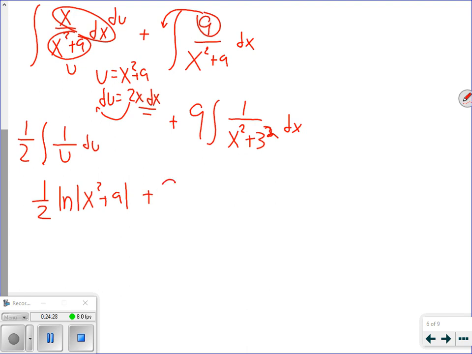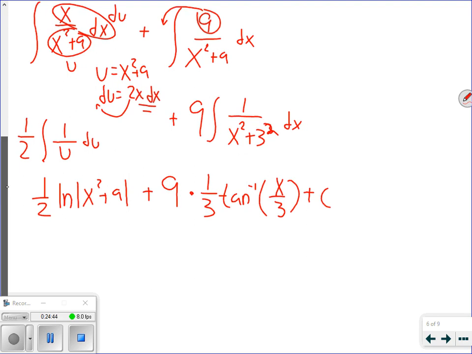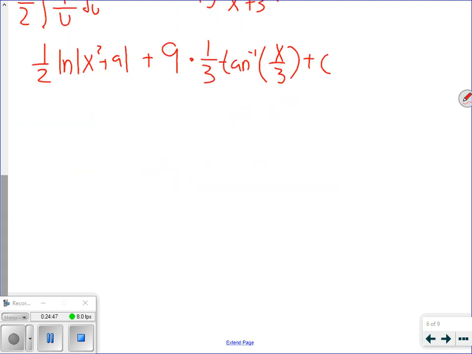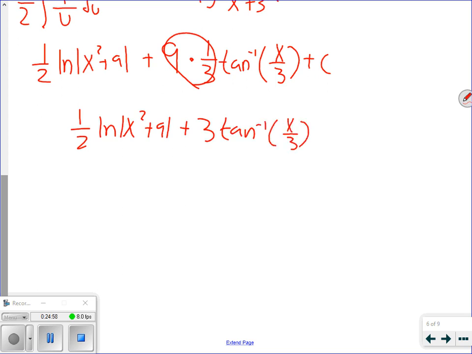So we know that integral is 9 times 1 over a, or 1 over 3, tan inverse of x over 3 plus c. That's the newest rule that we learned. And if you want to simplify as your final answer, you can say 1/2 ln absolute value of x squared plus 9, plus 9 times 1/3 is 3 tan inverse x over 3, plus c.